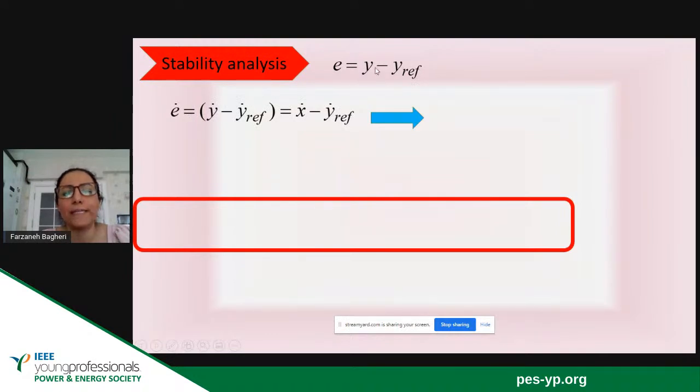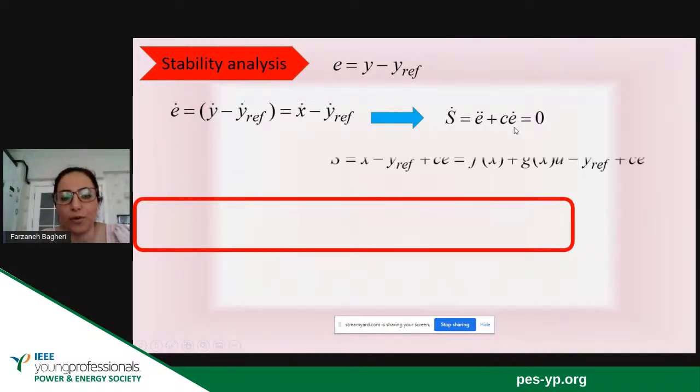y is equal to x based on the mathematical equation that I have given before. So if I find the derivative of e, we have y dot minus y dot ref, and it is equal to x dot minus y dot ref. So I can say that the derivative of s is equal to e double dot plus c e dot, and it should be equal to 0.